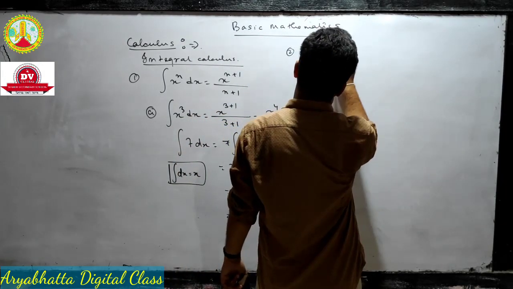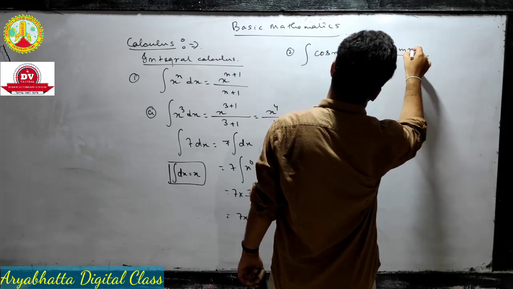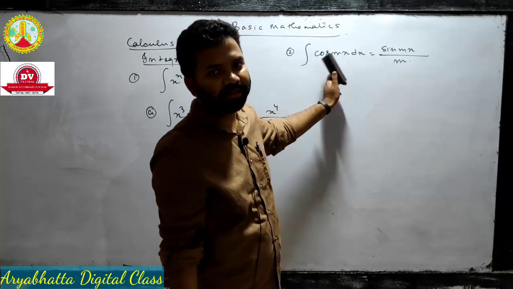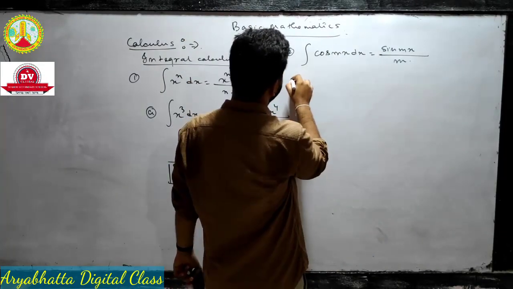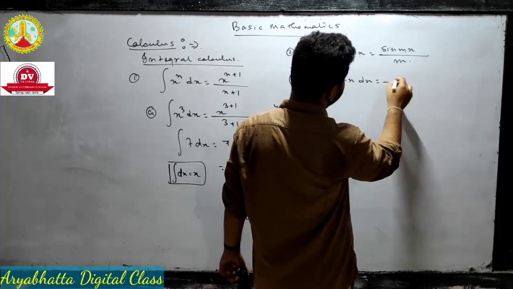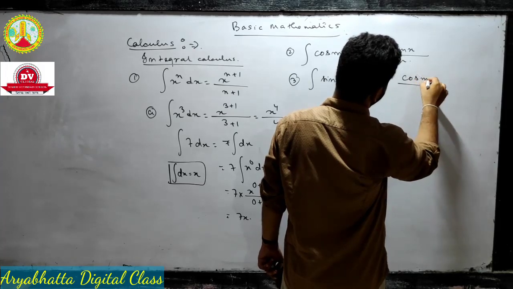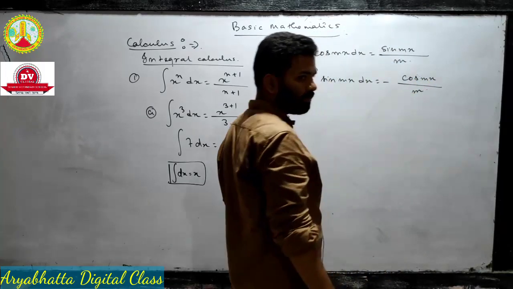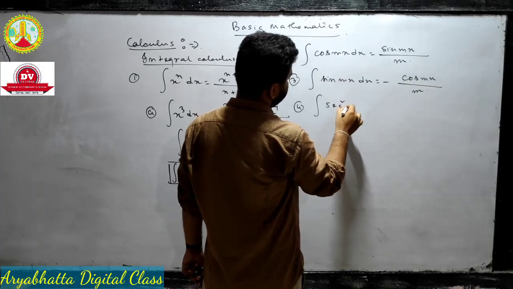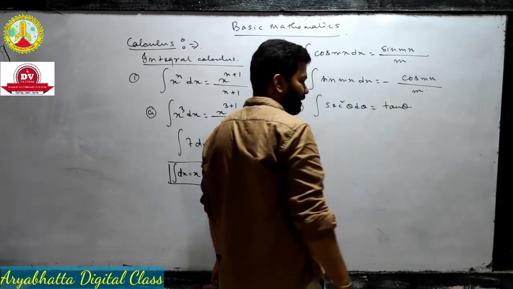Acha, integration of cos mx dx, so it will be sin mx by m. Differentiate the answer you got, and you will get the original, both are exactly opposite. Number 3, integration of sin mx dx, what will it be then? It will be minus cos mx by m, okay. Number 4, integration of sec square theta d theta is equal to tan theta, okay.